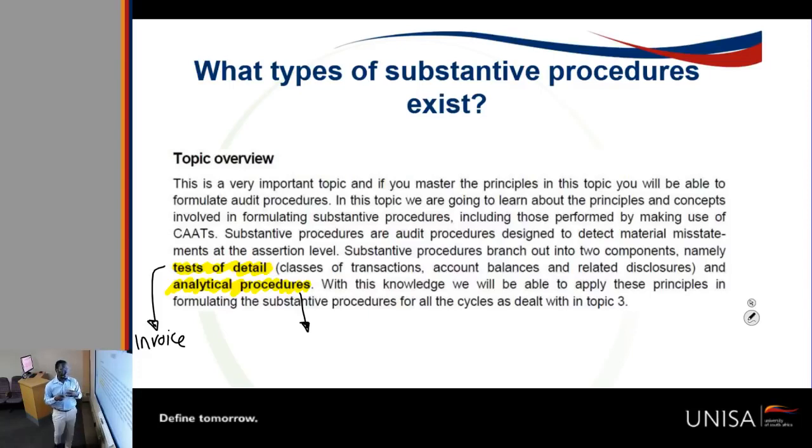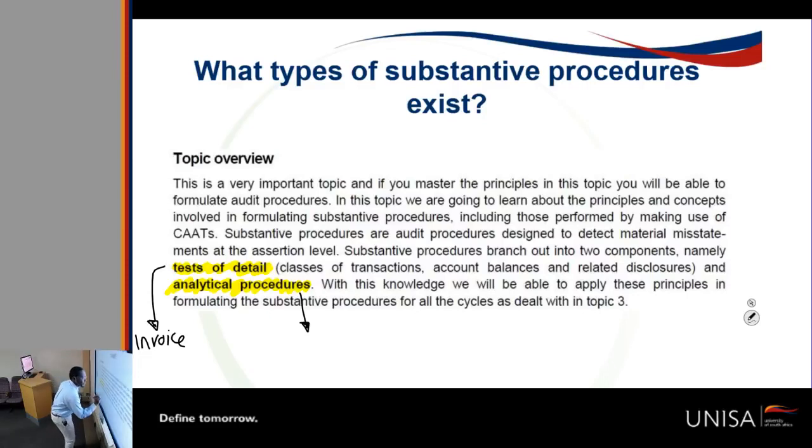An example of an analytical procedure is to compare last year's revenue amount to this year's revenue amount. And if there's a big fluctuation, you can follow up with management as to why there's been a big fluctuation. So analytical procedures are very good at addressing completeness.